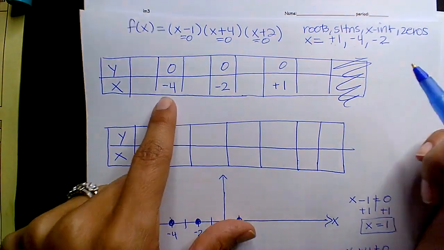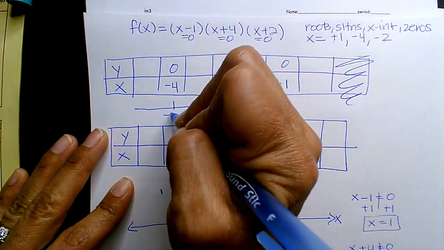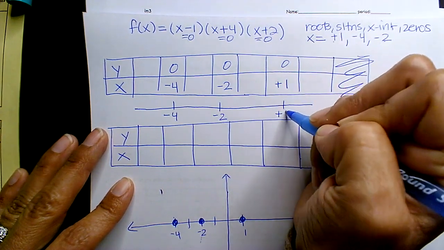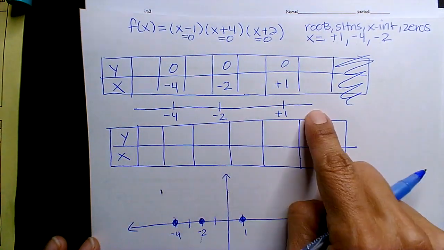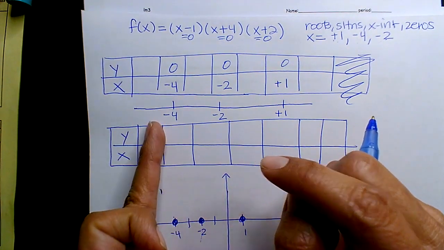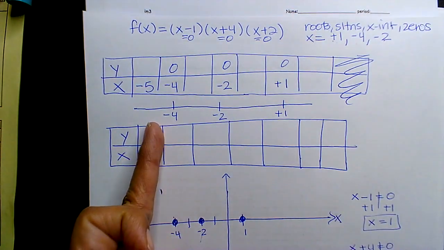All right, pick a number. So if you're looking at your x-axis, if this is -4 and this is -2 and this is +1, give me numbers here. Okay, so what's the number to the left of -4? -5. And you don't have to be fancy, right?